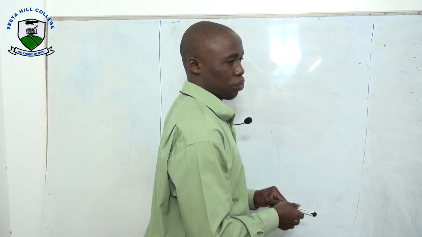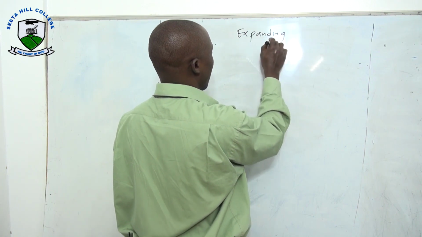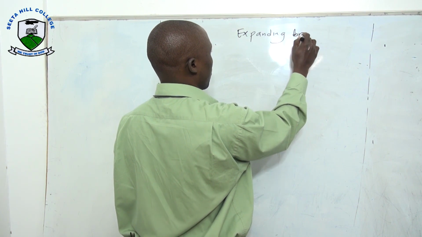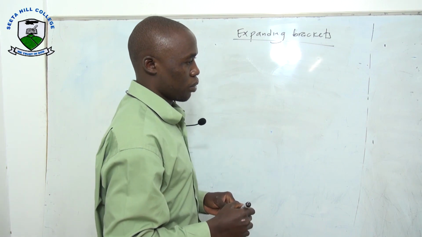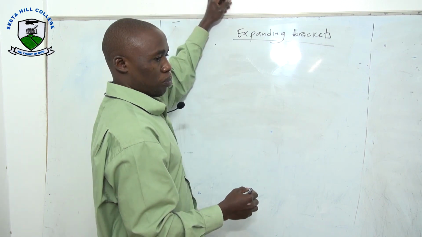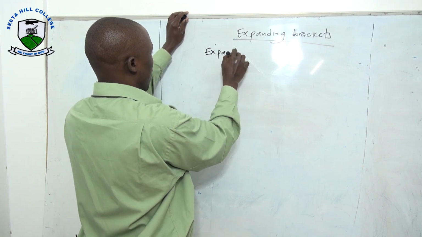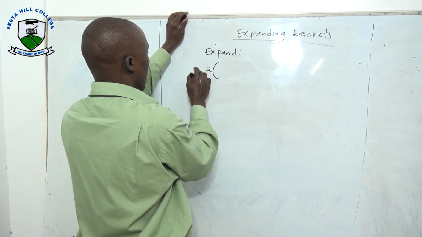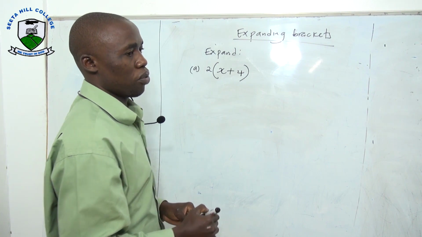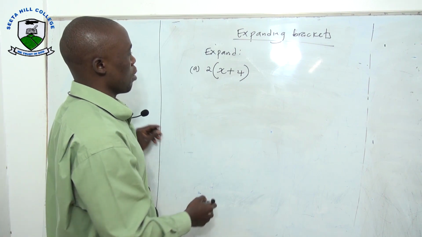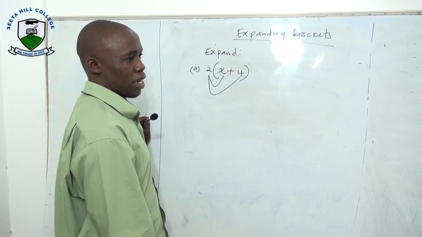Now, I think algebra is your beloved, not so? Yes. Expanding brackets. Then we shall also look at collecting like terms. Now, whenever you have a term outside, the term outside multiplies everything inside.